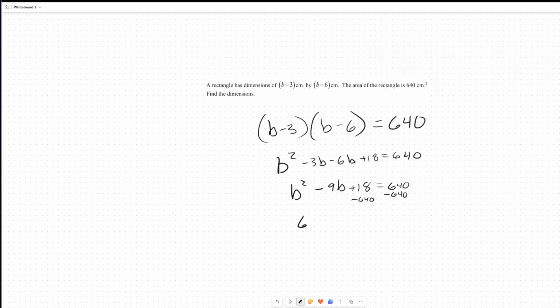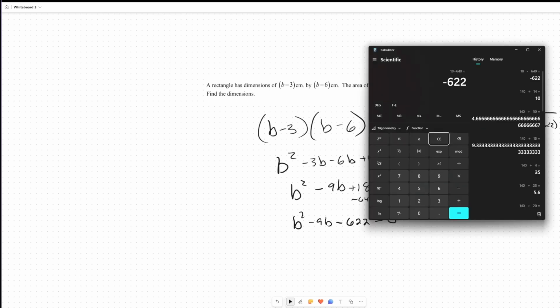So I have b squared minus 9b minus 622. Now I don't want to sit here and figure out the factors of negative 622, so I'm going to plug this into my quadratic formula. So I have negative b plus or minus the square root of b squared minus 4 times a, which is just 1, times c, which is negative 622, all divided by 2a, which is just 2.